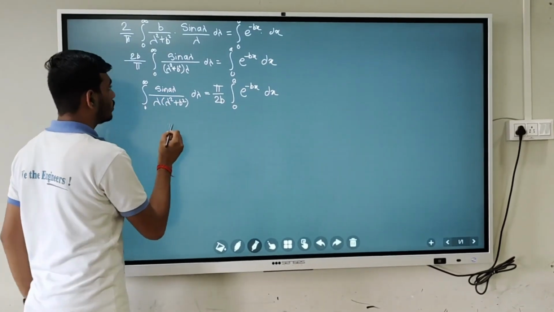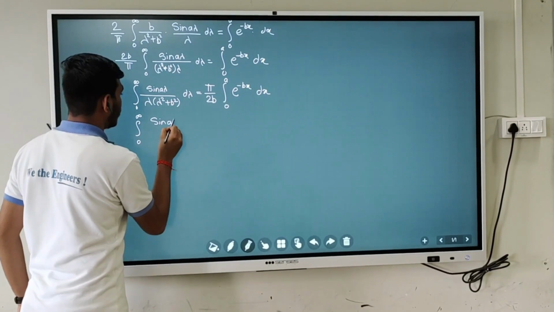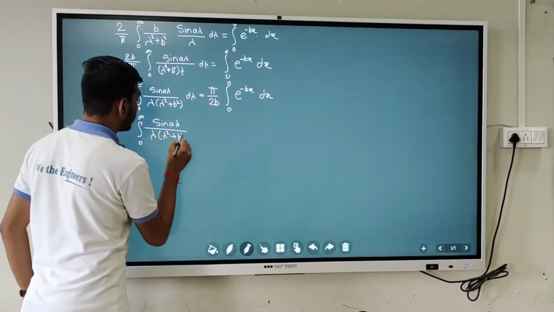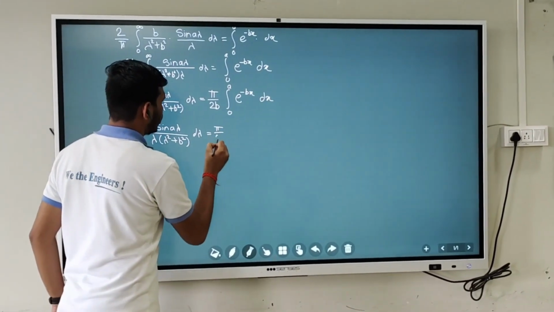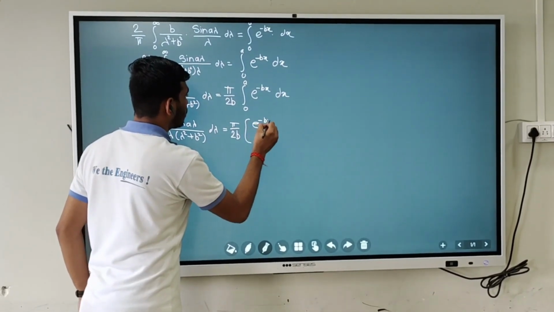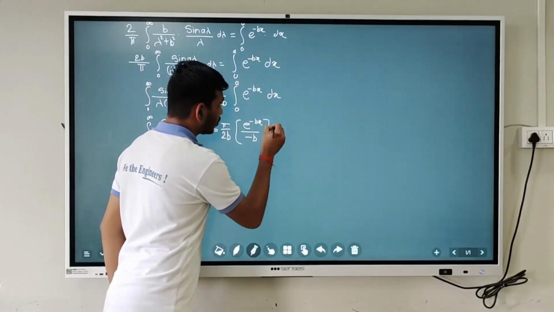Now the integration from 0 to infinity of sin of a lambda upon lambda into (lambda square plus b square) with respect to lambda is equal to pi upon 2b times e raised to minus bx upon minus b, limit from 0 to a.